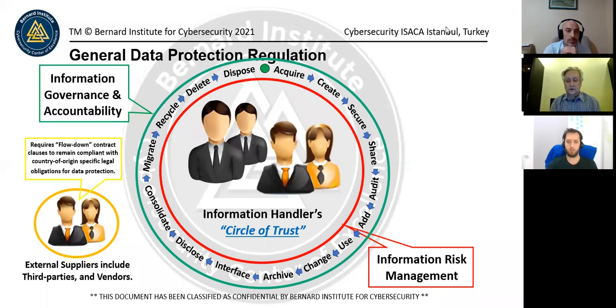Because what it allows you to do is say, okay, as most of you know, wherever the data rests, that's the law that applies. So if you have your data resting in Turkey, then the Turkish law applies. If it's resting in the UK, then the UK law applies. But if you use flow down clauses with these organizations, the flow down clauses include, for instance, the GDPR principles and the type of security that has to go in around them.